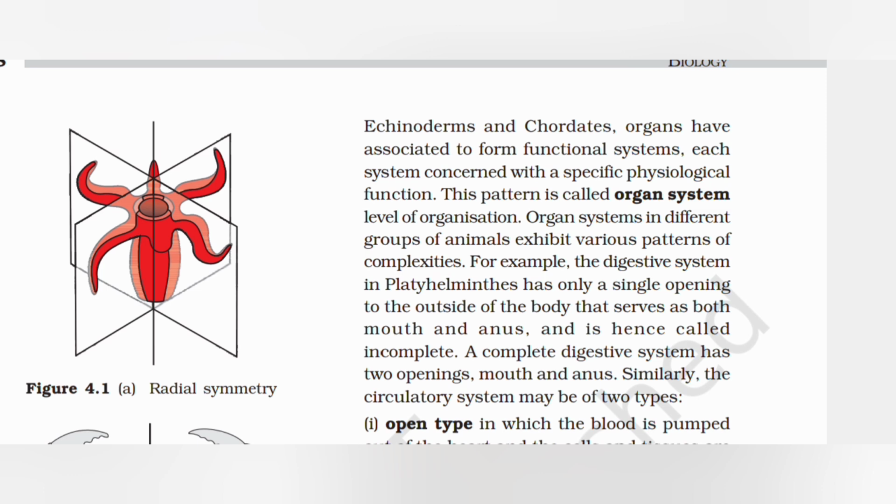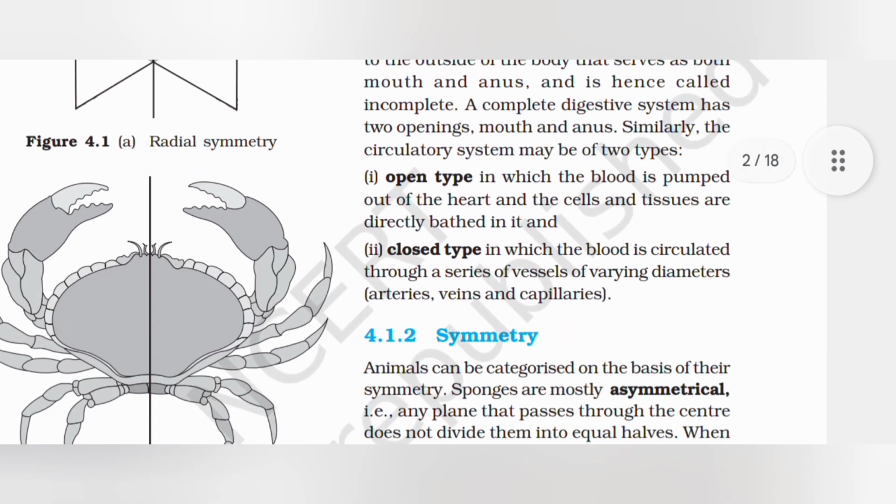Similarly, the circulatory system may be of two types: open type, in which the blood is pumped out of the heart and the cells and tissues are directly bathed in it, and second, closed type, in which the blood is circulated through a series of vessels of varying diameter, in brackets arteries, veins and capillaries.